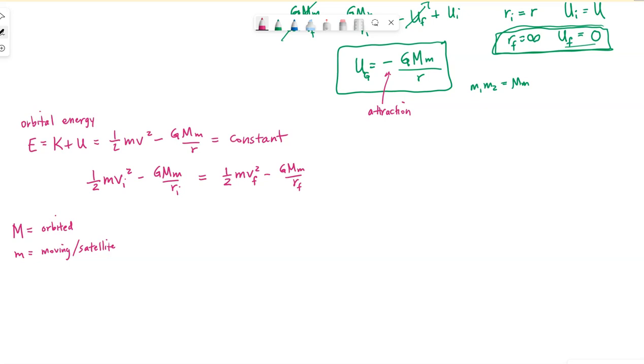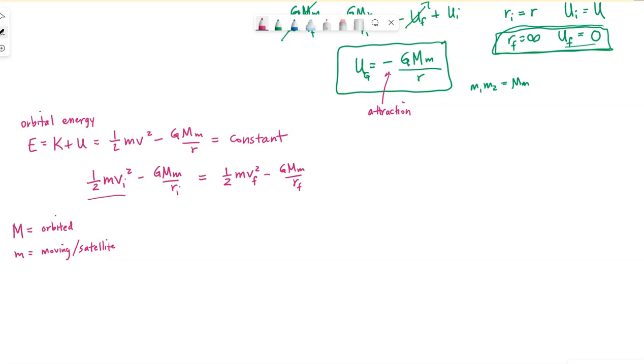I believe it's labeled with an M1 or an M2 in the test notes. I don't remember which one they label. But just keep in mind, we're talking about the kinetic energy and potential energy of an actual object. And so the object that's in orbit is the one that is in every term.